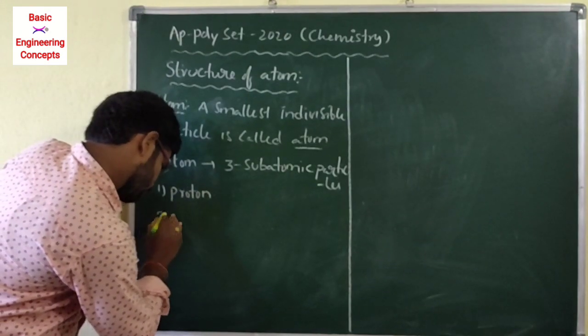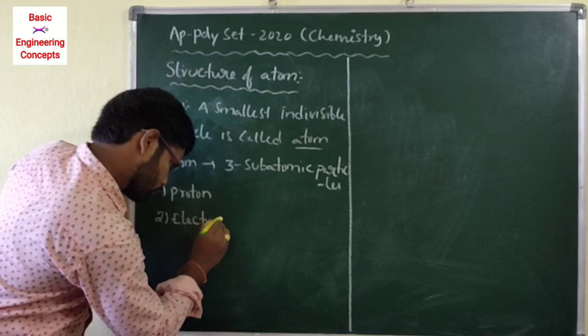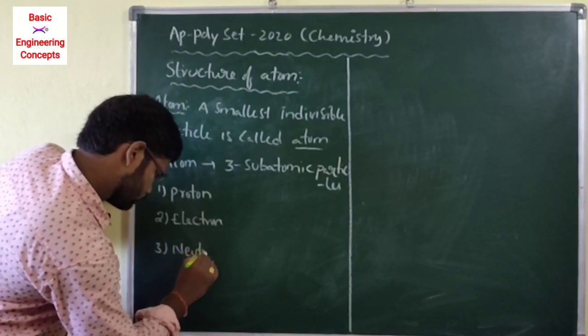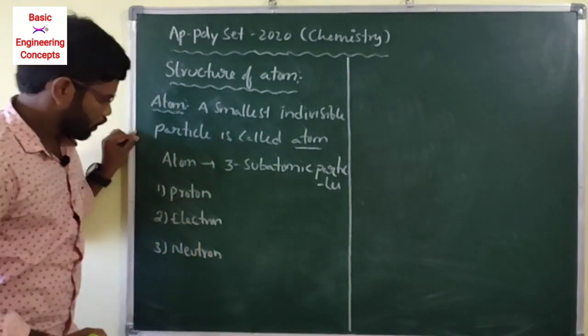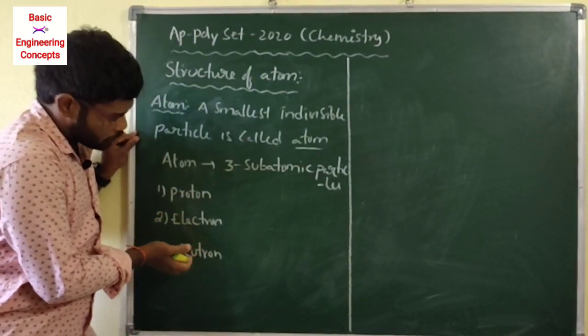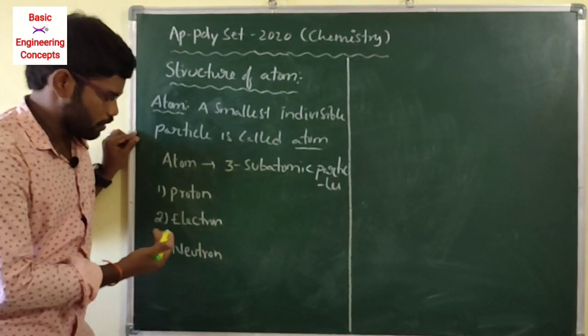Second one is the electron. Third one is the neutron. Here observe which is called proton, which is called electron, which is called neutron. Questions like that will come in Polycet, students.